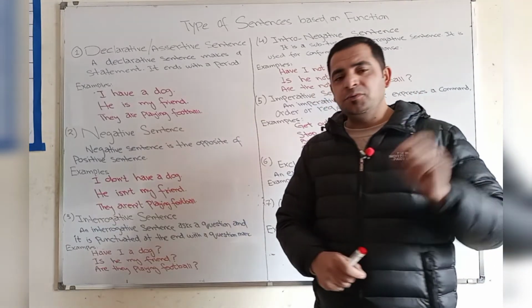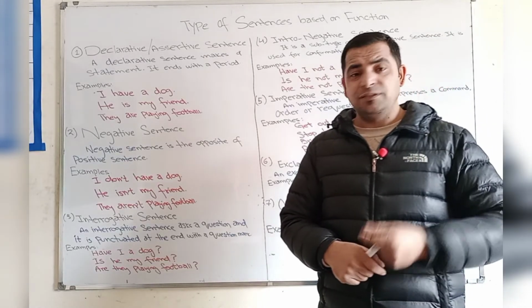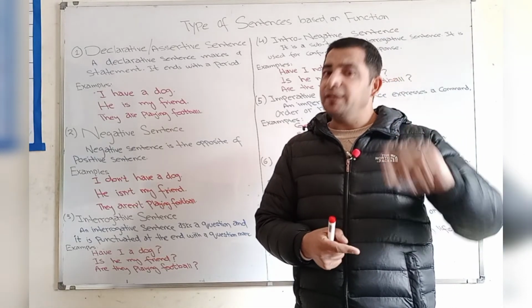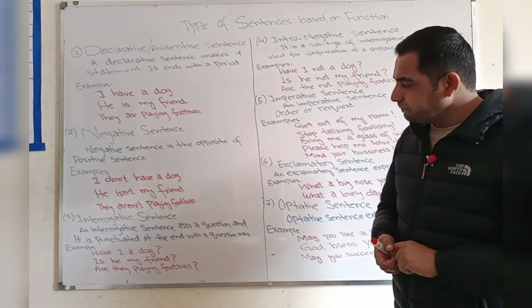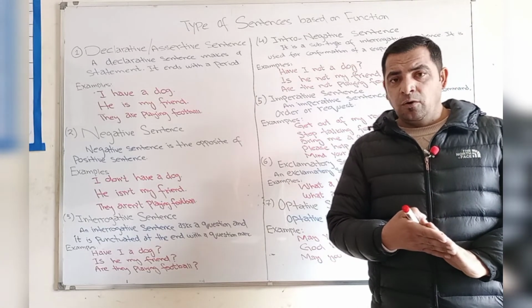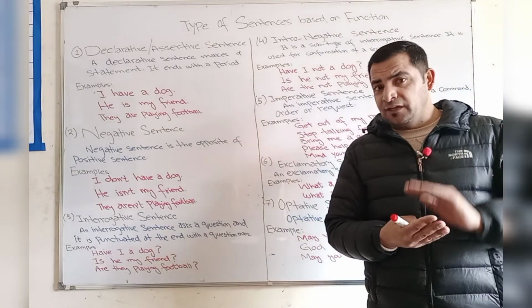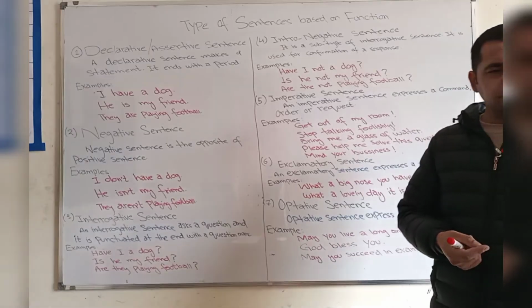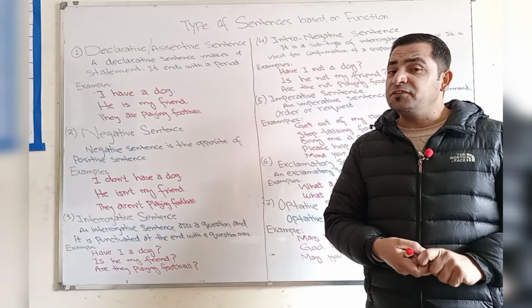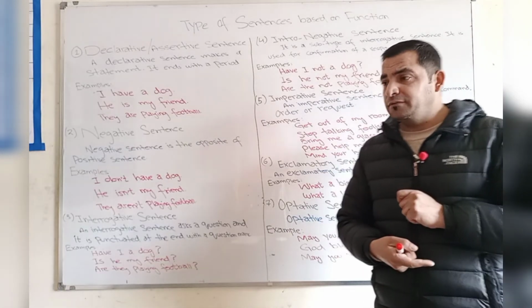And then we talked about the interrogative sentence. It's also named a question sentence, where you ask a question, and it concludes with a question mark. And then we talked about the intro-negative sentence or negative interrogative sentence. It is a subtype of interrogative sentence where you're asking a question as well as there is a negative response in it. And these sorts of sentences are used for confirmation, right?